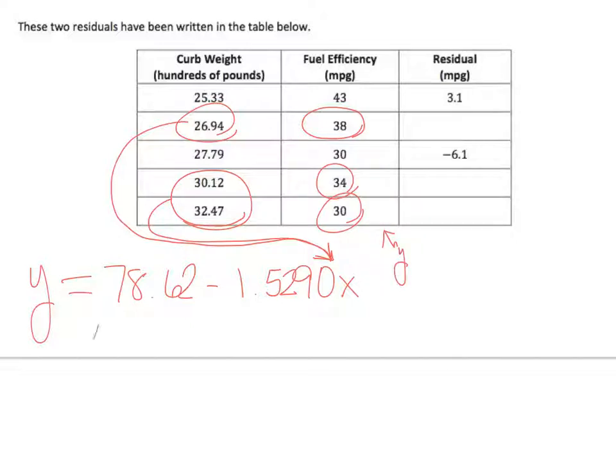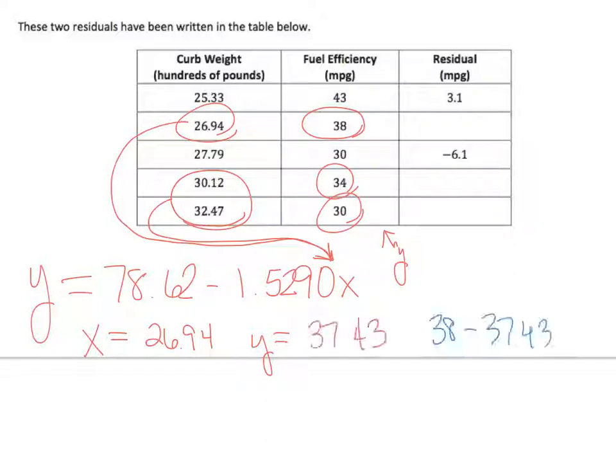So if I plug in x equals 26.94, I get a predicted y value of 37.43. I'm now calculating the residual, which is actual minus predicted. I plug it in, and I get 0.6.